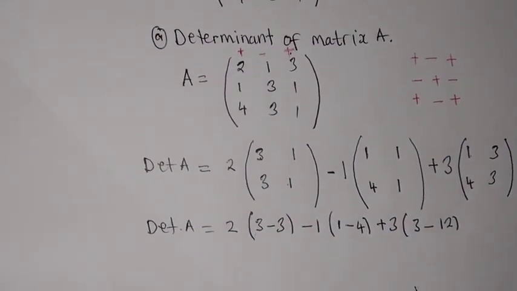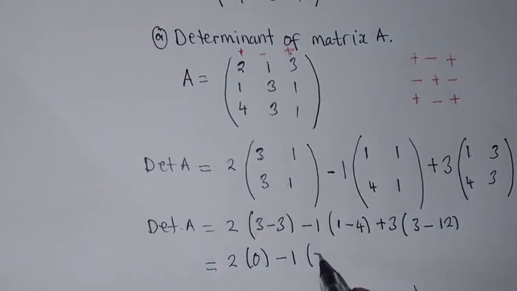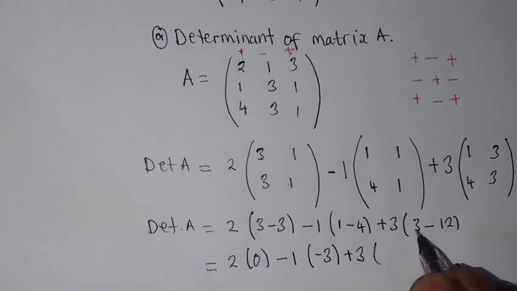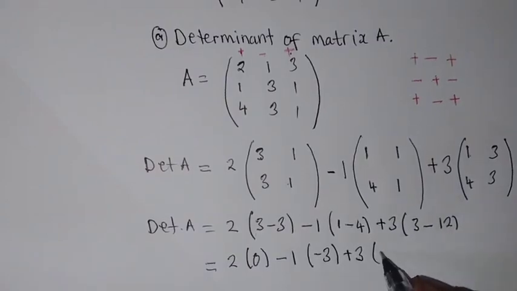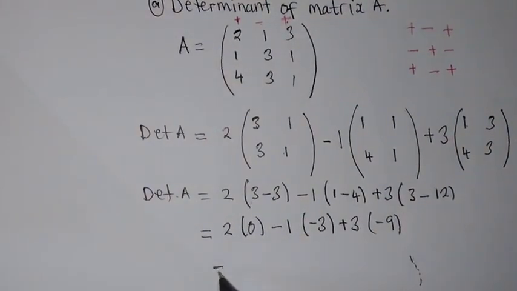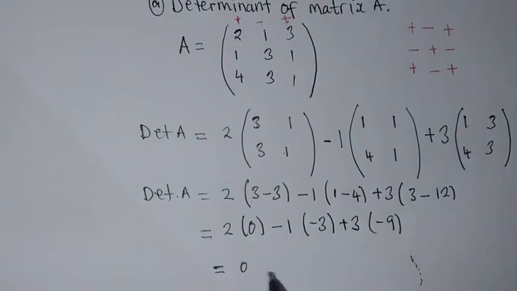After doing this, just write 2. 3 minus 3 is a 0, minus 1. 1 minus 4 is a negative 3, plus 3. 3 minus 12 gives us a negative 9. Then after doing this, 2 times 0 is a 0.